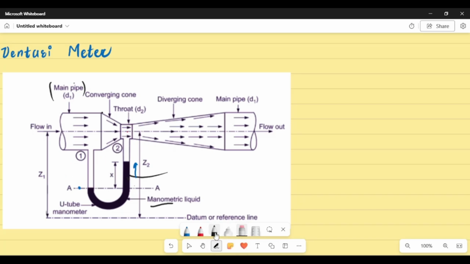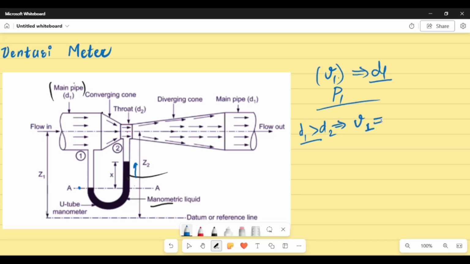It happens because when a fluid of velocity v1 flows through a diameter of d1, it has the pressure p1. Now, if the diameter d2 is less than diameter d1, then the velocity increases. So v1 changes to v2, where v2 is greater than v1, following the continuity equation.